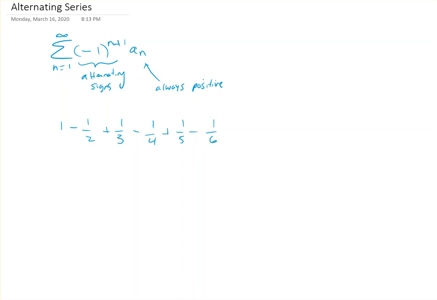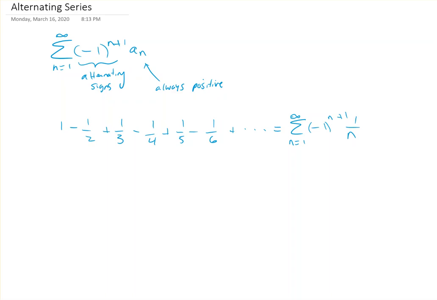The alternating harmonic series looks like this. As we discussed earlier, back when we did the p-series test, the harmonic series, the one that does not alternate, definitely diverges. We proved that by showing that the integral goes to infinity.